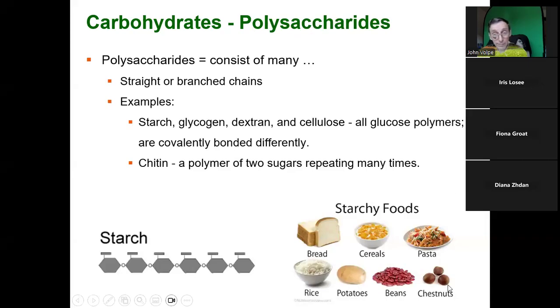Here we're looking at some starchy foods. Everybody knows that bread, cereals, pasta, rice, and potatoes are starchy foods. But did you know that beans and chestnuts also have a large amount of starch in them? Beans, about a third of their weight is carbohydrate, starch.